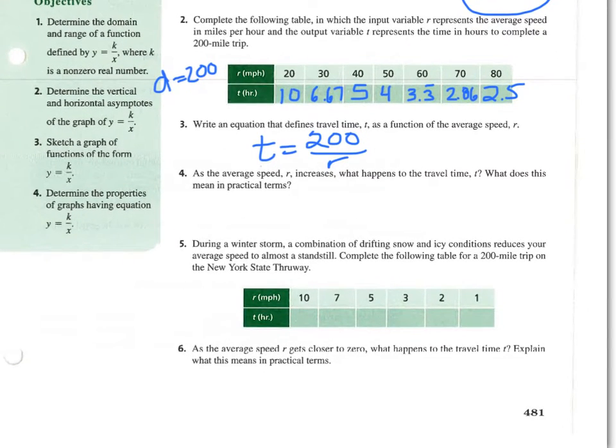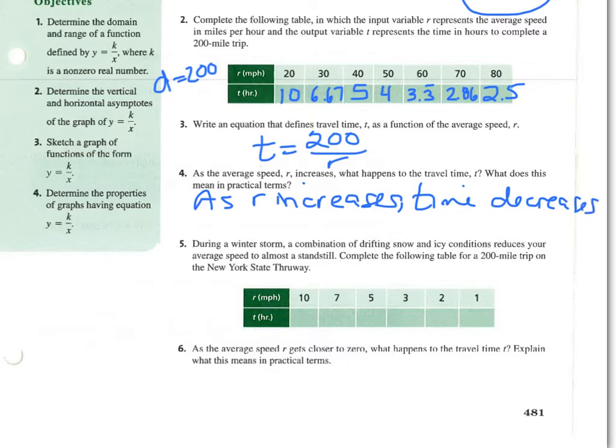We can see as the rate increases, the time obviously decreases, but not by the same amount. Meaning if I speed up 10 miles per hour, that's not going to take that much time off my time. So they're not going at the same rate.